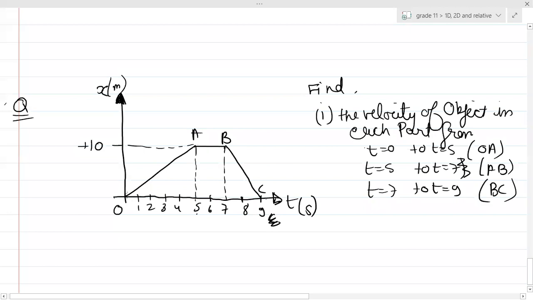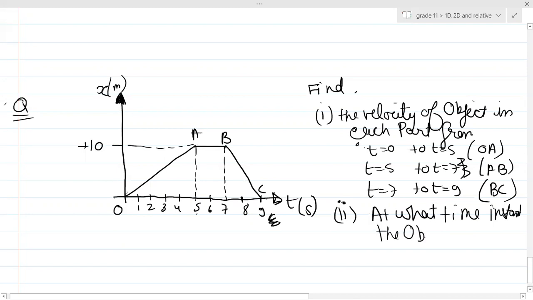Is this clear, guys? All three parts, I want the velocity. Then I want at what time instant the object changed its direction.